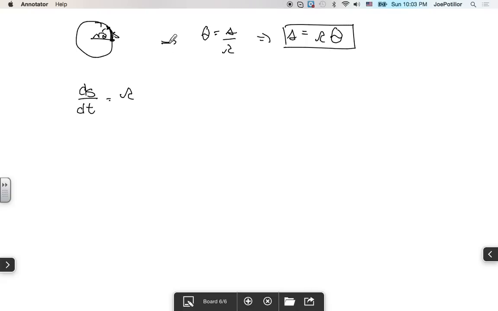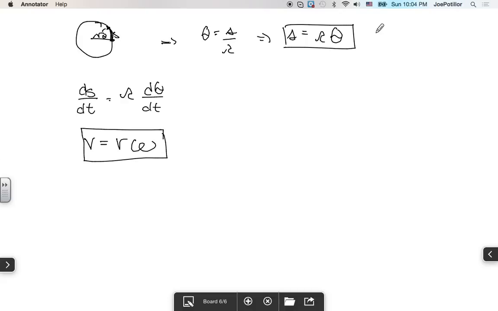R remains constant because it does not change, and then d theta dt. Theta over time is, of course, the angular velocity. Distance over time is, of course, the speed, or you can consider it velocity. So we get the equation v is equal to r omega. And that's this equation here, which is the relationship between its linear speed and its angular velocity.